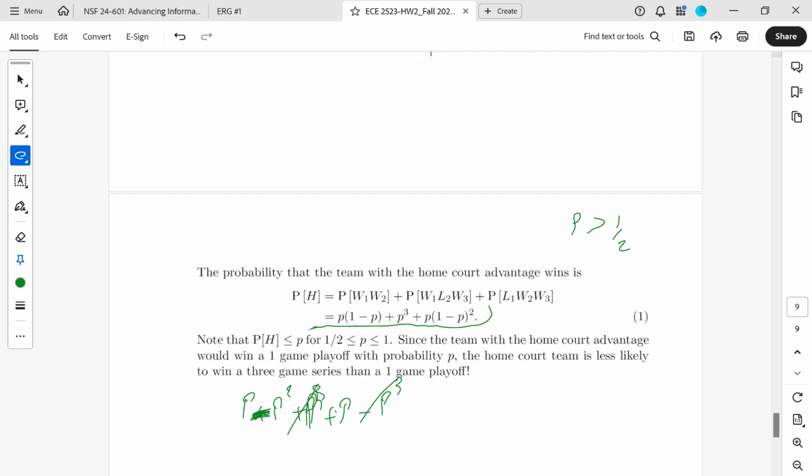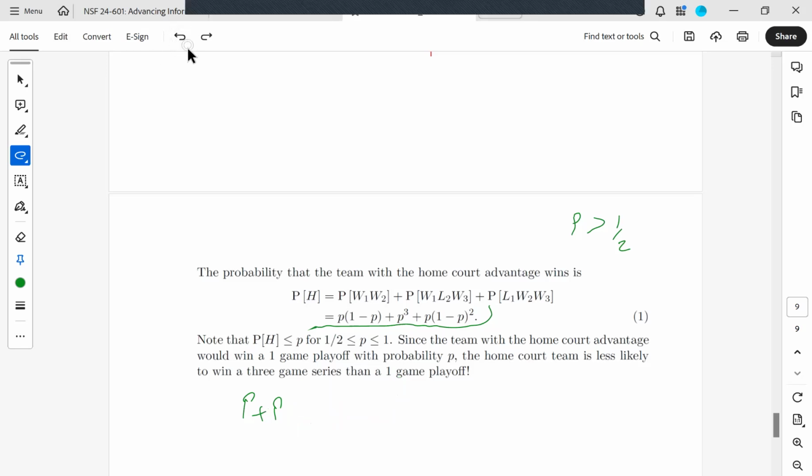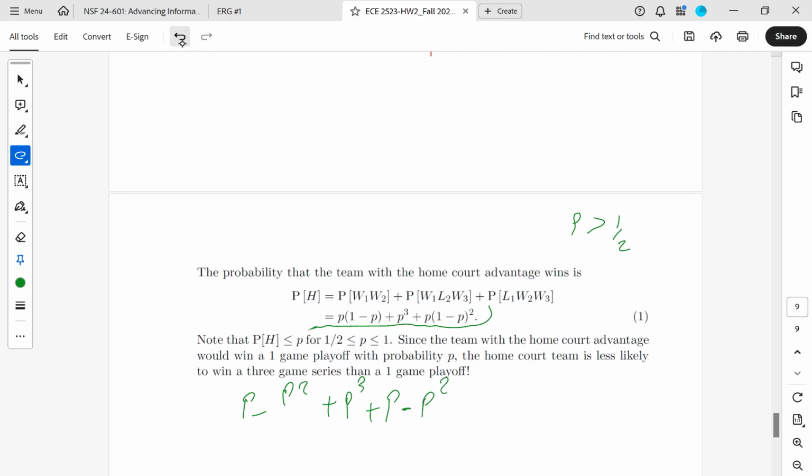Okay, let me do it again. I got confused in the middle of that. So this one is p minus p squared plus p cubed plus p minus p squared, right? So it's going to be p.